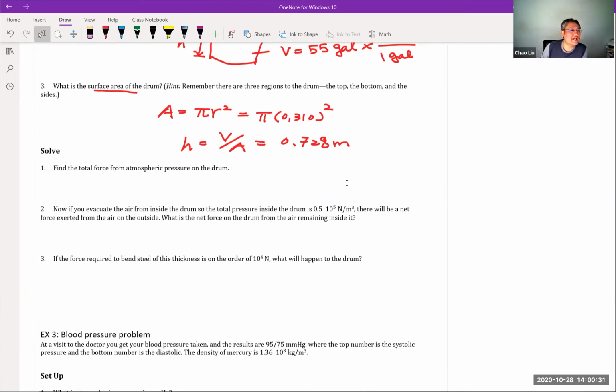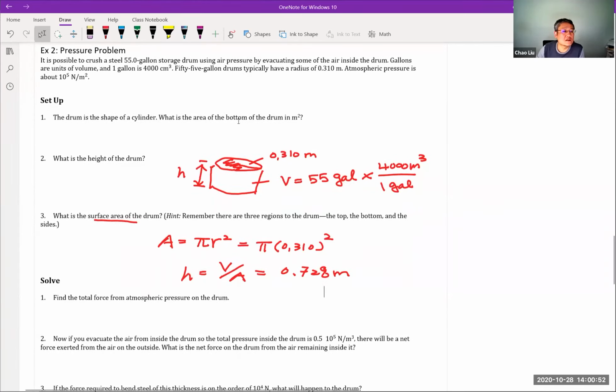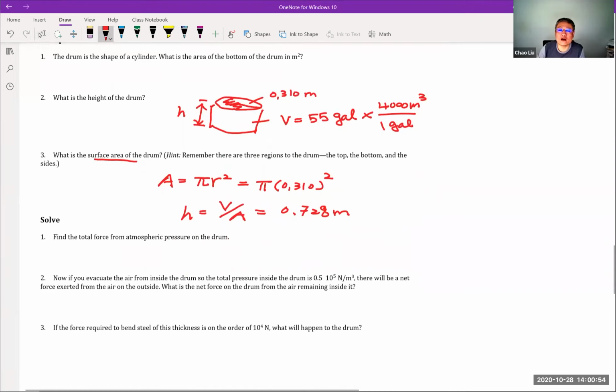So what do we need the height for? Because we need to know the total area of this drum. The total area of this drum includes the top circle and bottom circle, and also the side, which is like a hoop.